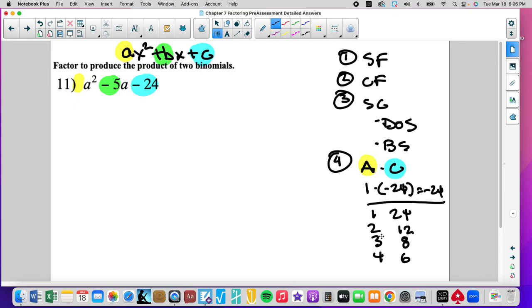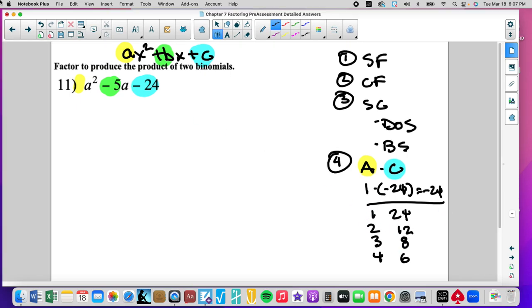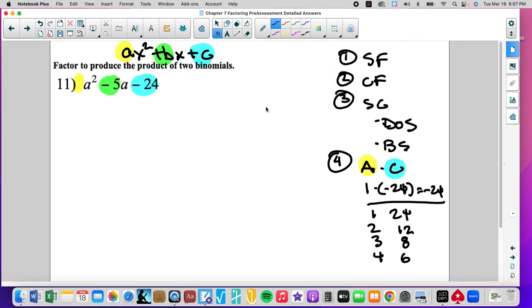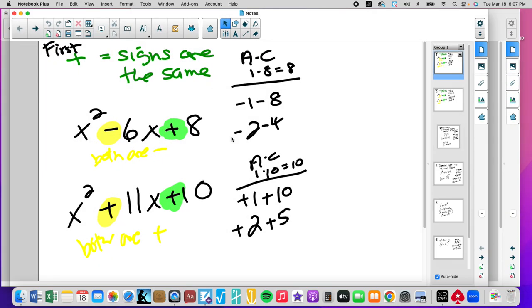Now, my next step is putting the signs on these factors. So we need to utilize this. Let's look at this. These were notes from students who stayed over for office hours this afternoon. It's very important to determine how we choose the signs. First, we're always going to look at our C value.